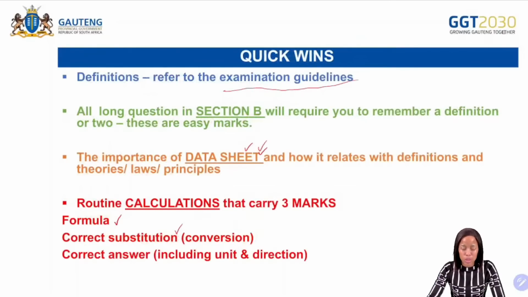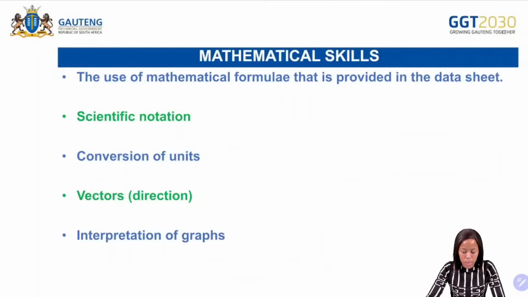Then you also need to have the correct answer, that will include the unit and the direction. So for routine calculations, you can get 3 marks: 1 mark for the formula, 1 mark for the correct substitution, and finally 1 mark for the correct answer.